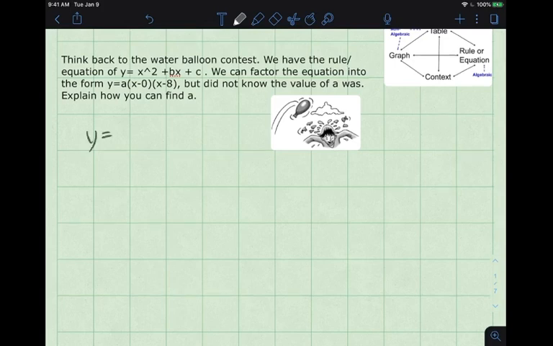Y equals x squared plus, really it should be y equals ax squared plus bx plus c. Okay. This thing is going to be your y-intercept. A, b, and c are all numbers. That's standard form.